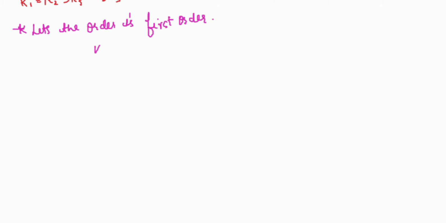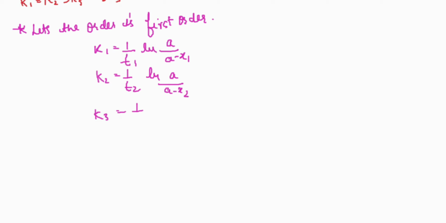We will put k1 equals 1 by t1 ln a divided by a minus x1. Then we will put the value of k2, it is 1 by t2 ln a divided by a minus x2. Now we will see k3 equals 1 by t3 ln a divided by a minus x3.